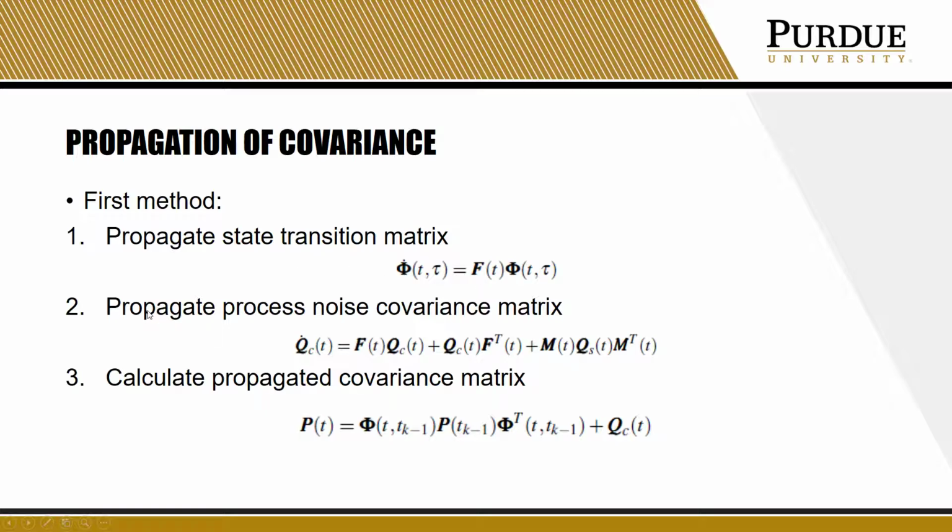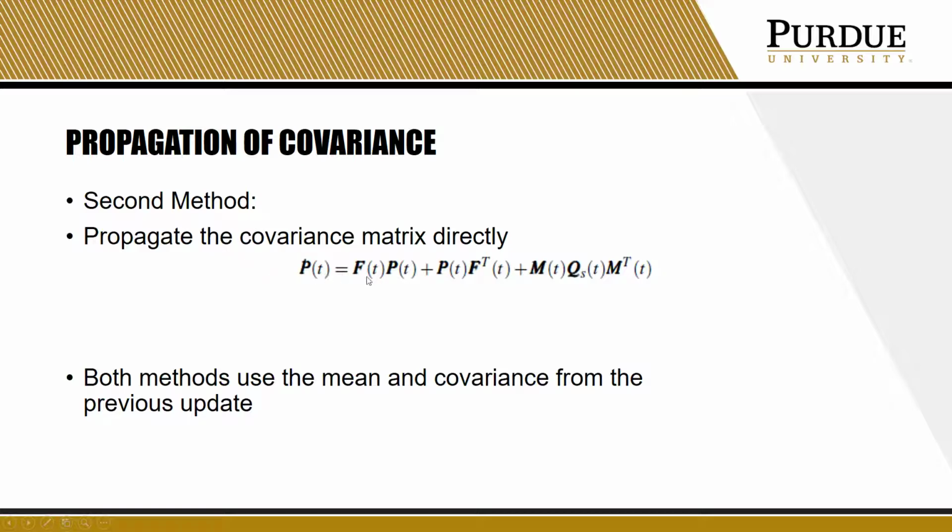And then we can propagate the noise covariance Q_C matrix by saying Q_C dot is equal to F Q_C plus Q_C F transposed plus M Q_S M transposed. And then we can simply use these to find at our new time t the covariance matrix. Or we could simply find the covariance matrix directly by finding its dynamics with F P plus P F transpose plus M Q_S M transpose. Both these methods depend on a mean and covariance from a previous update.